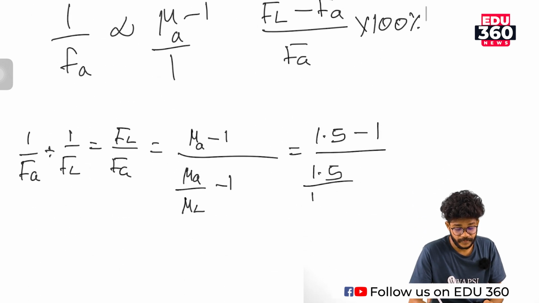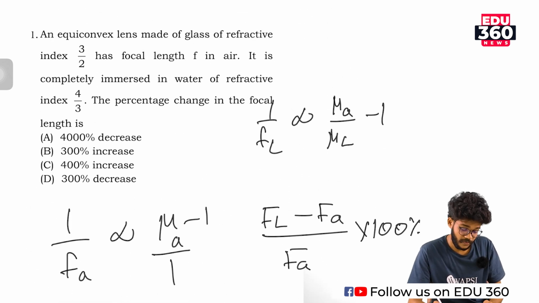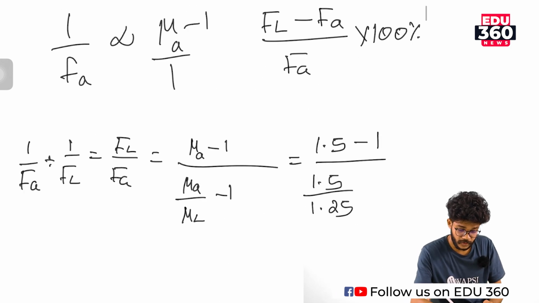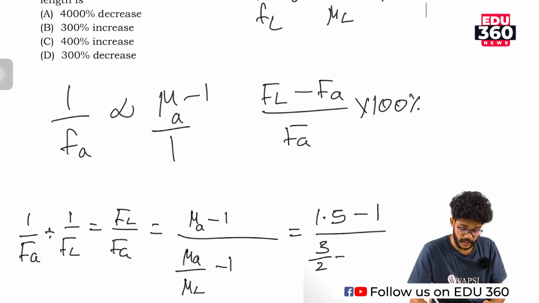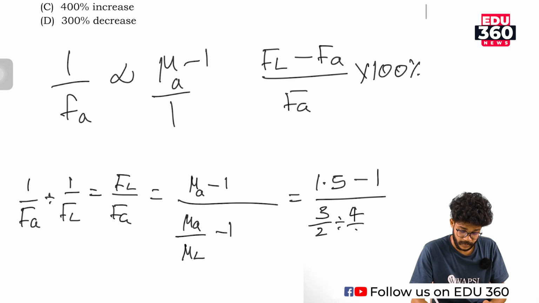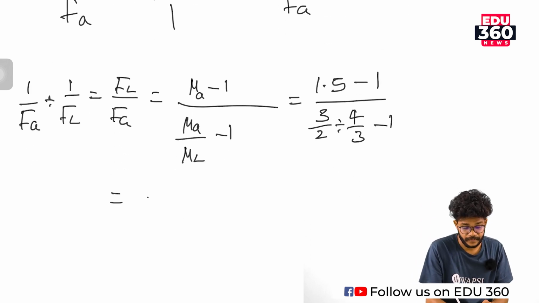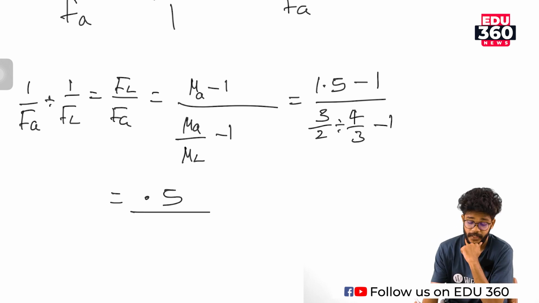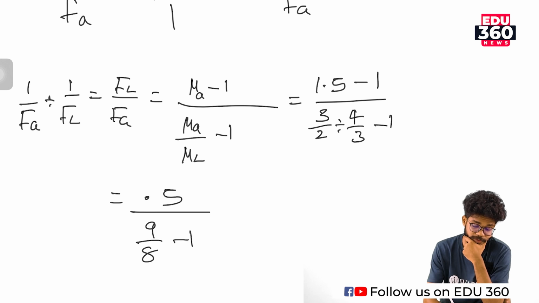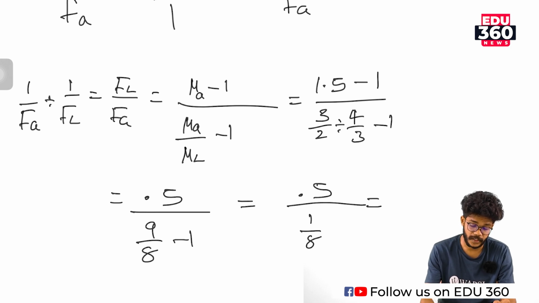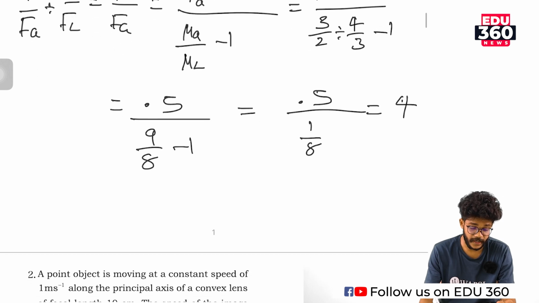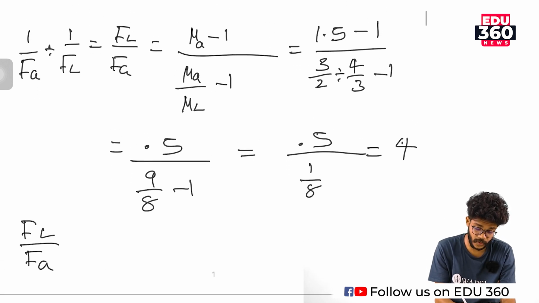So mu_a is 3/2 divided by 4/3 minus 1, which is equal to 0.5 divided by 3/2 divided by 4/3, which is 9/8 minus 1, which is equal to 0.5 divided by 1/8, which is 1/2 divided by 1/8, that is 8/2, which is equal to 4. That means f_L by f_a is equal to 4.